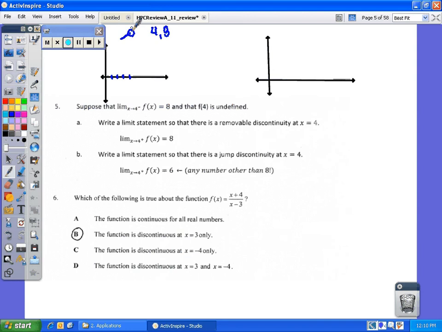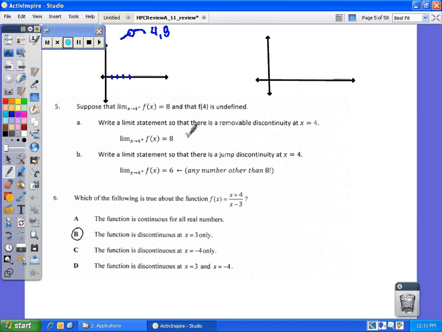Now, how can you write that so that it expresses to the reader that you do have point discontinuity by using a limit statement? Well, the limit statement here says, as you approach 4 from the right side, remember the superscript plus means from the right side, you have a target value of 8, but it doesn't exist. So from the left and right side of x equals 4, I have a hole, but the hole occurs at (4, 8).